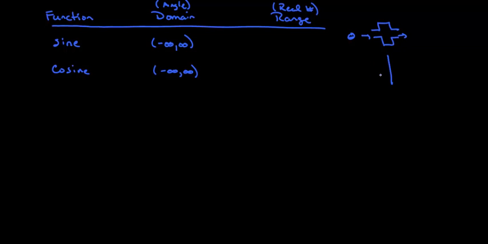If you think about the way the unit circle works, the only height values that you can get out are between negative 1 and 1, including negative 1 and 1, because we can get positive 1 up here, negative 1 down here. So this is how we write that interval. Cosine measures left-right. The furthest right we can go is positive 1, the furthest left we can go is negative 1, and we can get every other number in between.